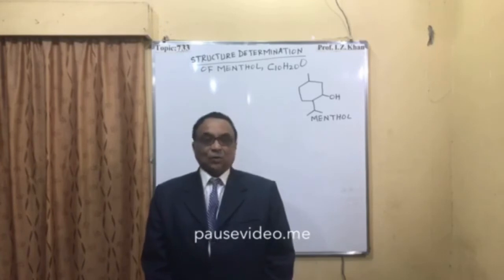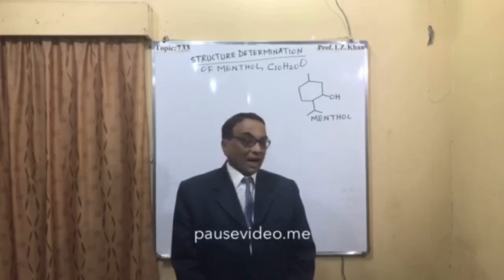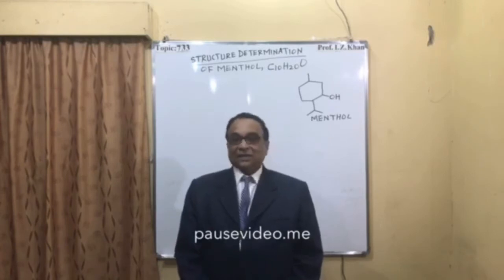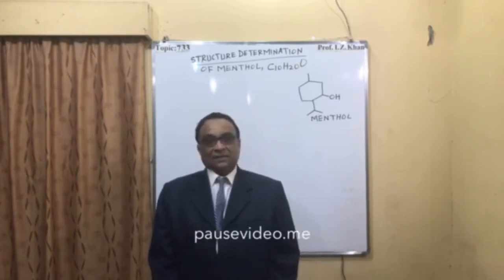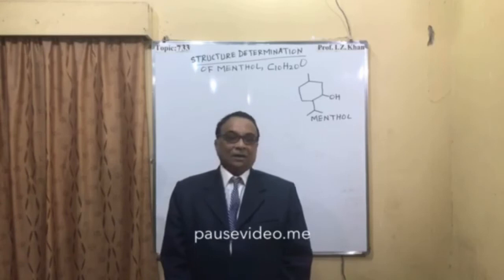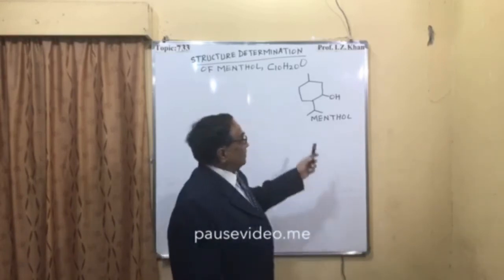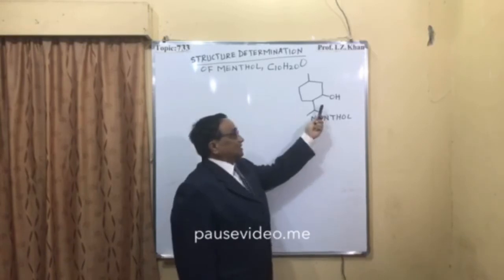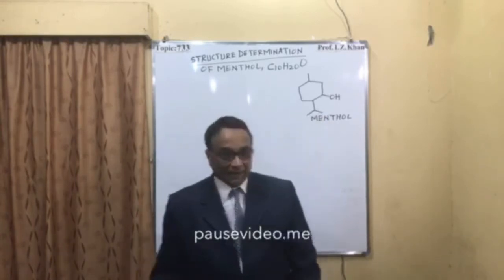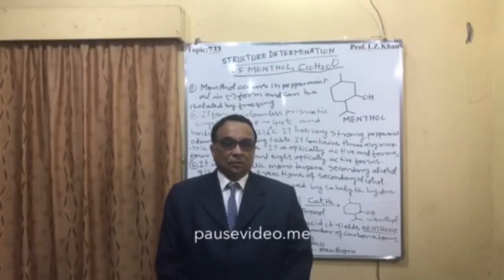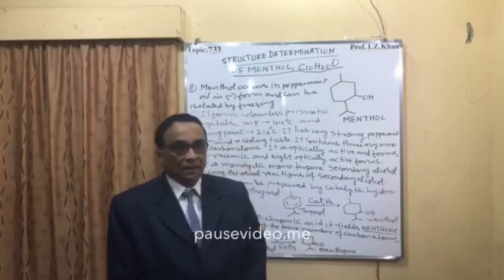Also, when it is treated with hydroiodic acid, it gives menthane. So these reactions support the structure of menthol given here. On the basis of reactions, we will determine the structure of menthol.